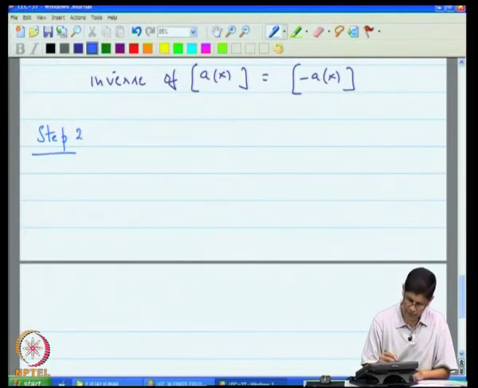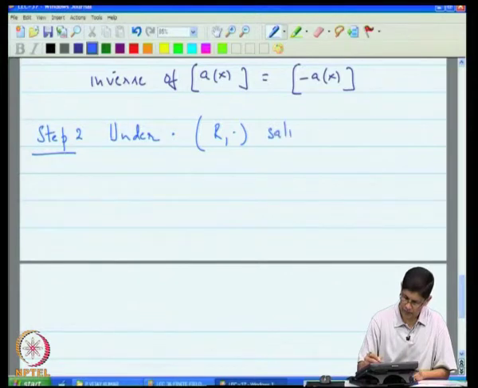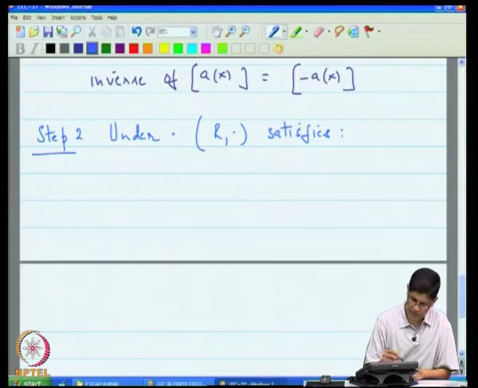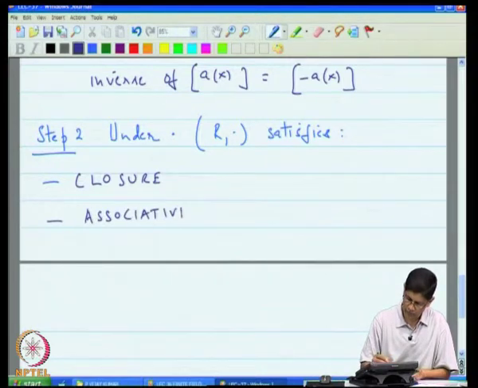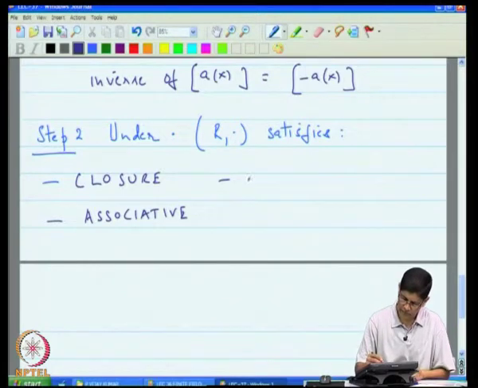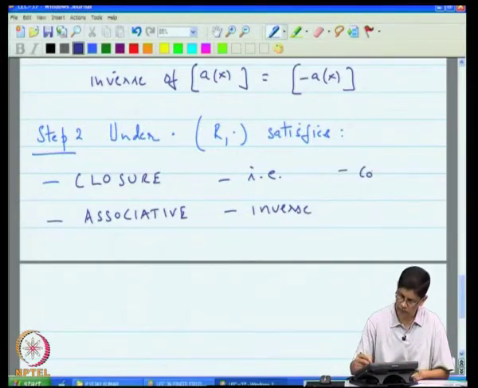We need to show that under the multiplicative operation R satisfies the following: closure, the associative property, the presence of the identity element, the presence of the inverse, and the commutative property.